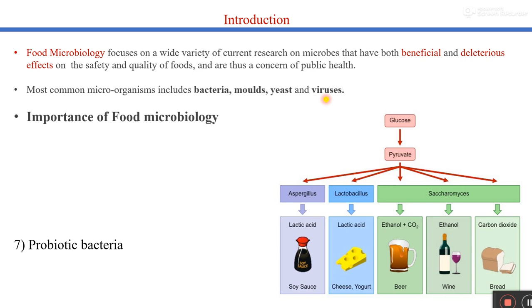So now I would like to talk about the importance of food microbiology. The first importance of food microbiology is that it is helpful in studying the food-borne diseases which have microbial origin. Food-borne diseases are caused by consuming contaminated food or drinks.